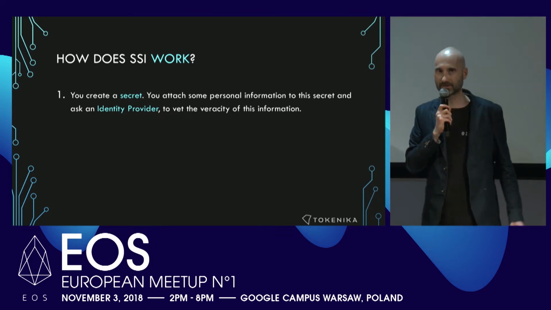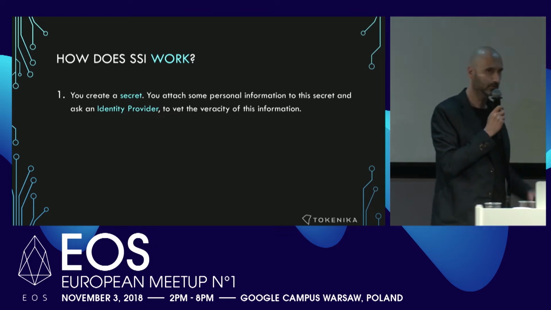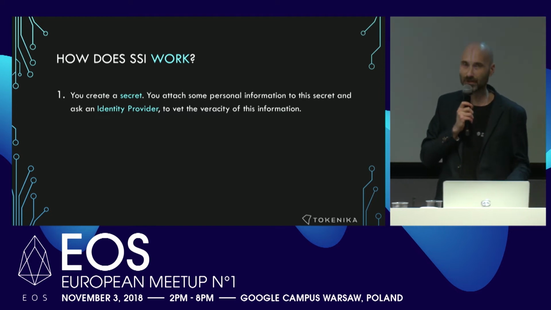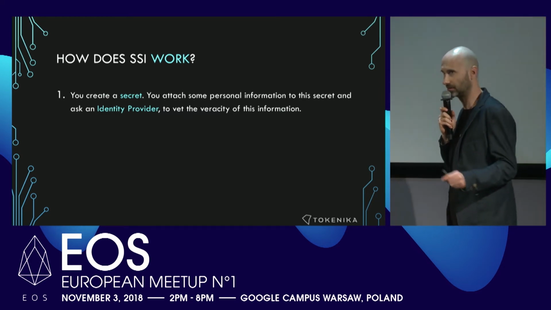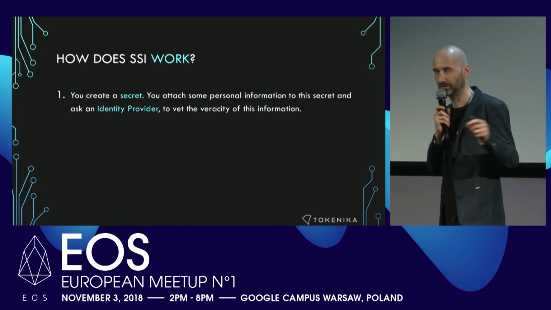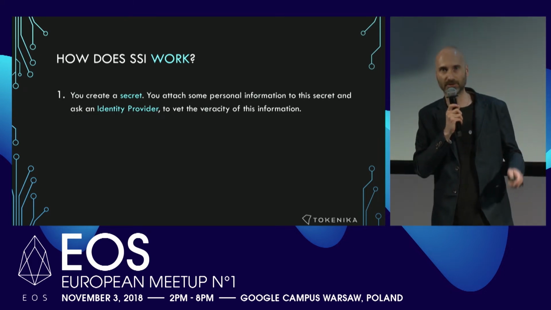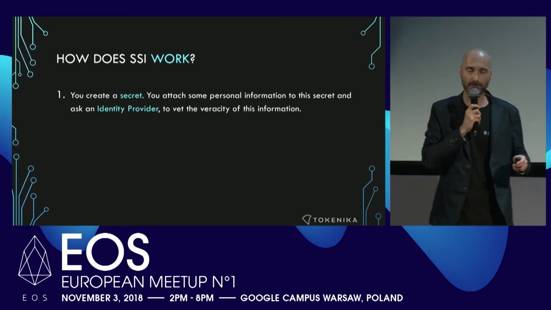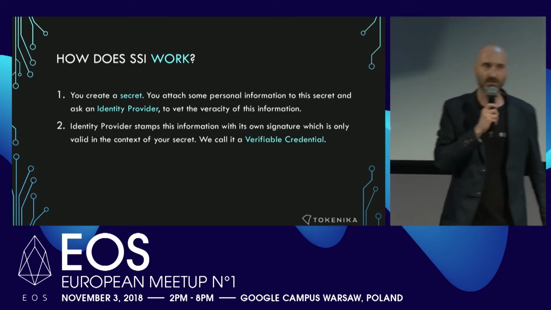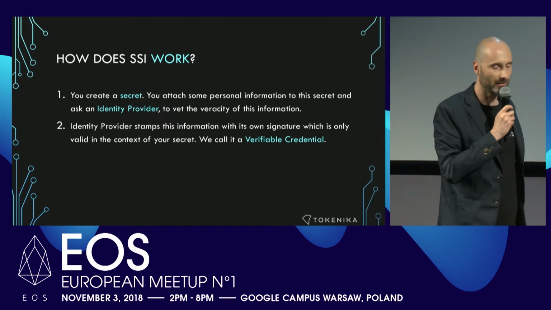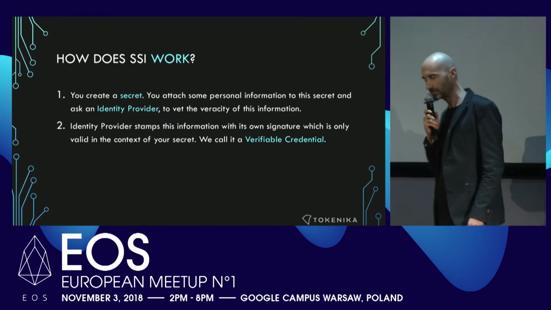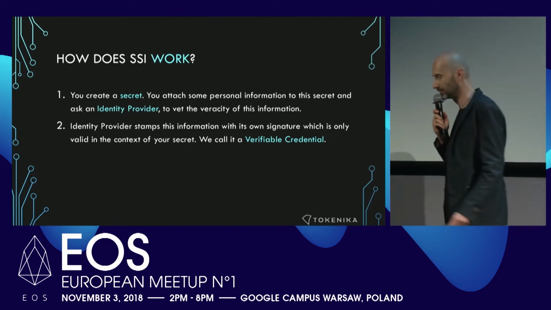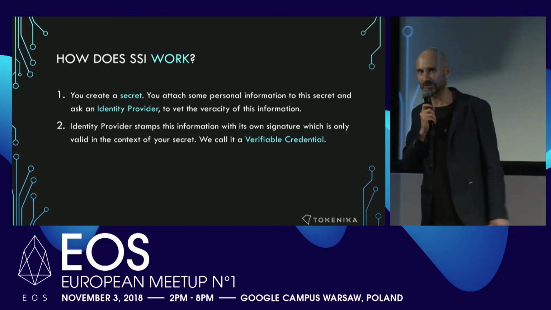And then you ask somebody who is trustworthy to vet the veracity of this information. So you ask some entity that can be trusted in the external world to verify that what you are saying is true. And then this entity, we call it identity provider, stamps this information with a cryptographic signature.